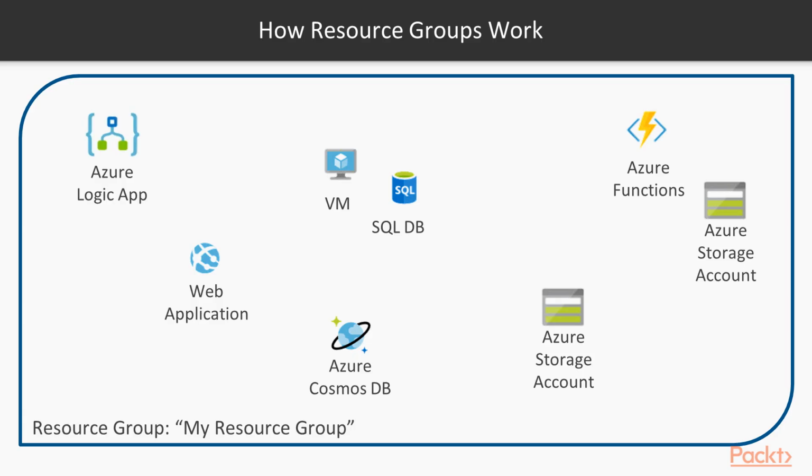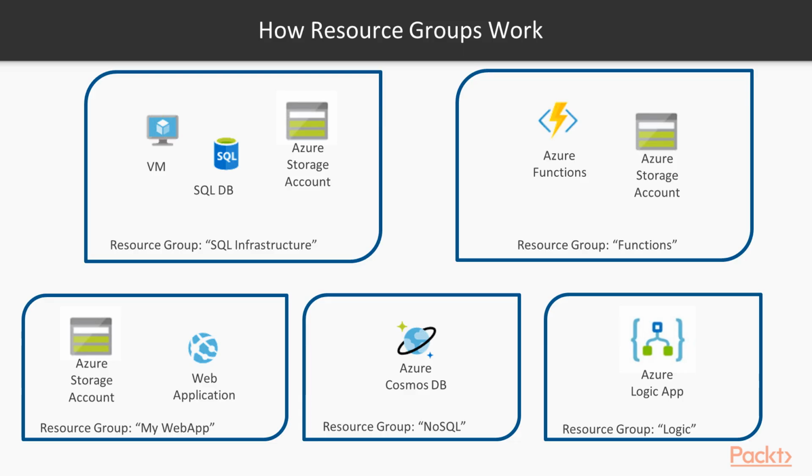If those two identify as part of a single application, it makes sense that they go together into their own resource group. This would be a more typical and a more logical way of bundling those resources together into resource groups.